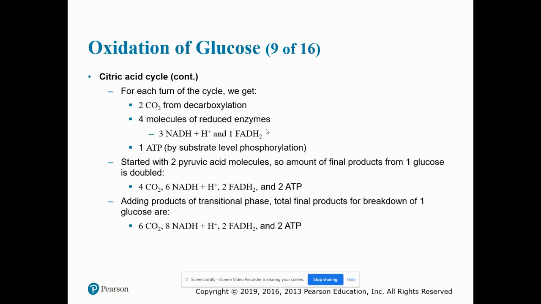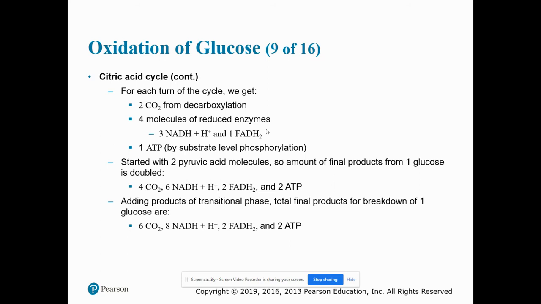I'm just going to abbreviate that, we're just going to call it NADH instead of NADH and hydrogen, and 1 ATP.